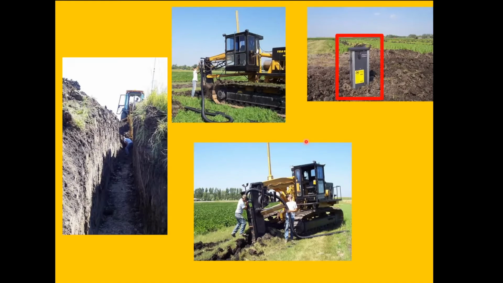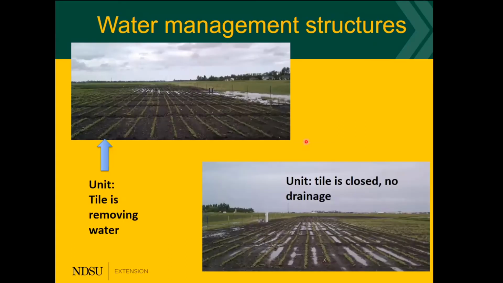So the control box is here indicated in the red box on the slide. In the left top, you see a unit where this area of the field is drained, where the tile box is open, so all the water drains. In the far end, you see water standing. That is because that section of the field, similar to the bottom right, is where we did not have the tile drainage open, so that it is just a natural condition.